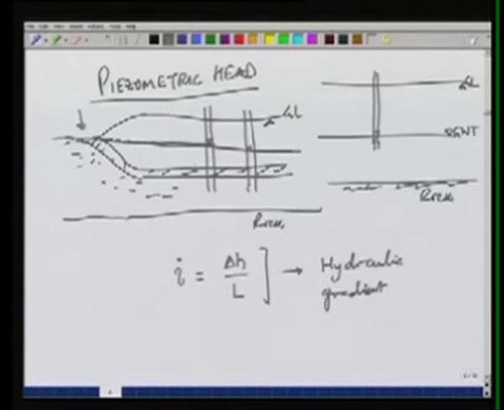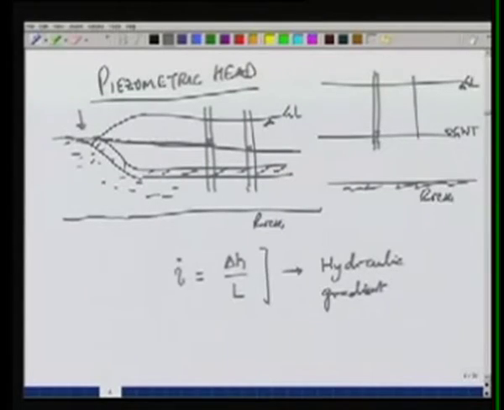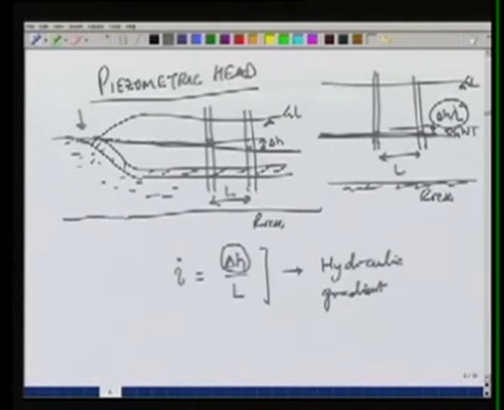So in unconfined aquifers, the hydraulic gradient will be nothing but the slope of the groundwater table, because if we put a piezometer here, water will rise up to the groundwater table. So the slope of this groundwater table will give the hydraulic gradient. But in confined aquifers, the piezometric head difference delta H, and so this gradient is what is the driving force for the groundwater flow.